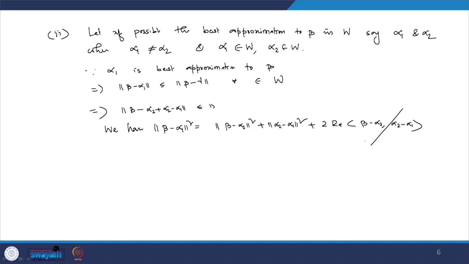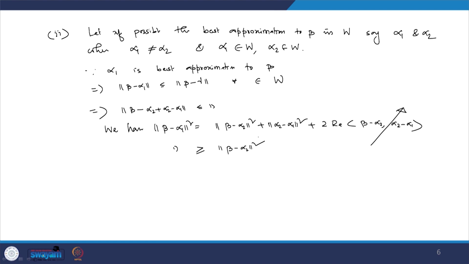So this component has to be 0, because alpha 2 and alpha 1 belong to W and beta minus alpha 2 is orthogonal to any element of W. So alpha 2 minus alpha 1, and since alpha 2 is also a best approximation to beta, this has to be 0, they are orthogonal, so this is 0. So this implies this quantity is greater than or equal to norm of beta minus alpha 2 whole square.